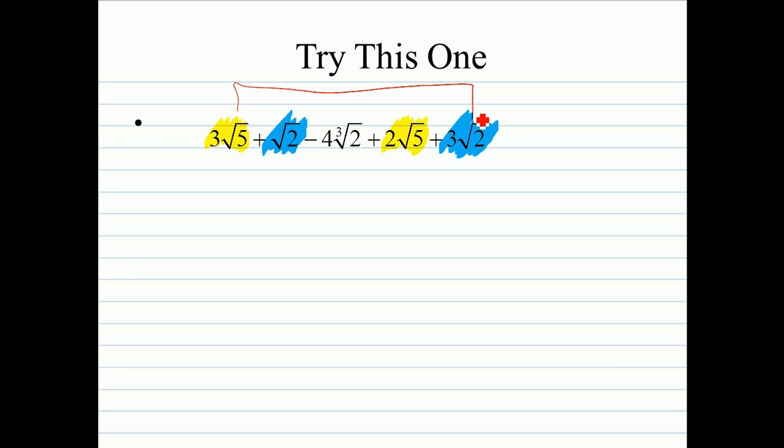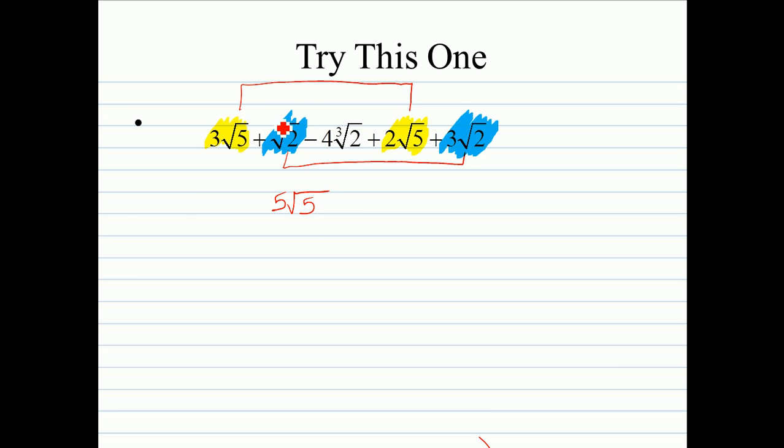We're combining those terms, and we're combining these terms. So if I combine 3 times the square root of 5 and 2 times the square root of 5, I should get 5 times the square root of 5.